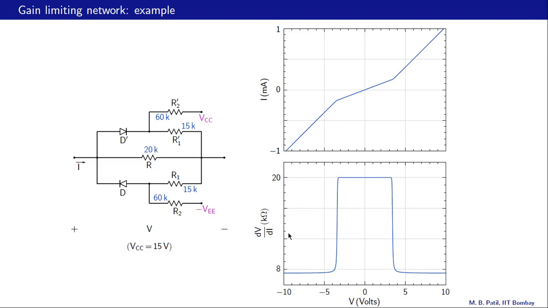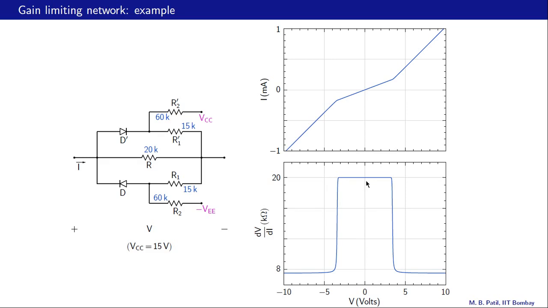Alright, now dV/dI in kilo ohms is shown in this bottom plot as a function of the applied voltage V. In this central region, since R is the only resistance in the picture, we get dV/dI equal to R, which is 20K. That is what we see here.